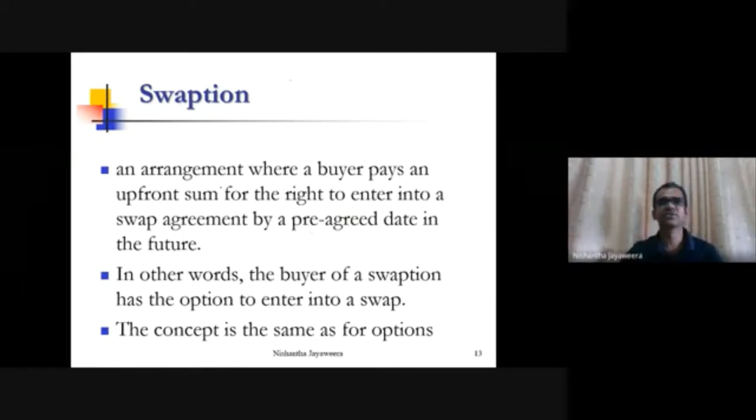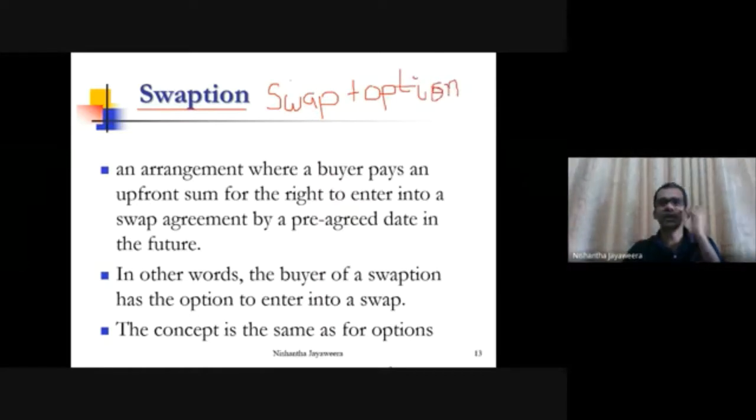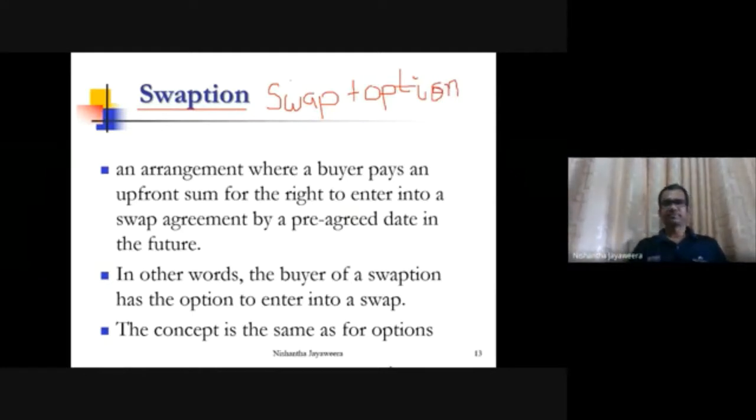The swaption is also the same. This is a combination of swap plus an option. So basically, this is an option to enter into a swap. Buyer pays an upfront sum, that's the premium.